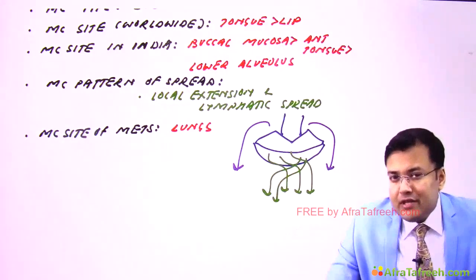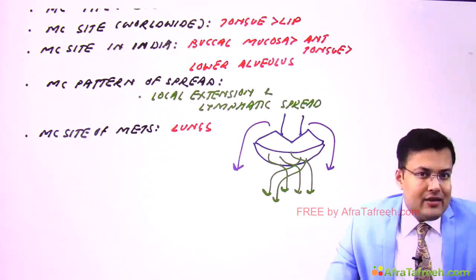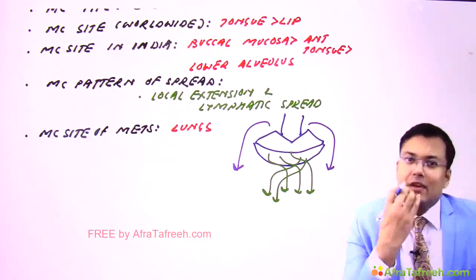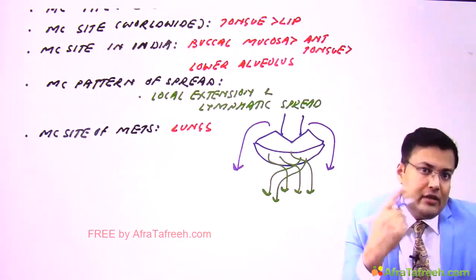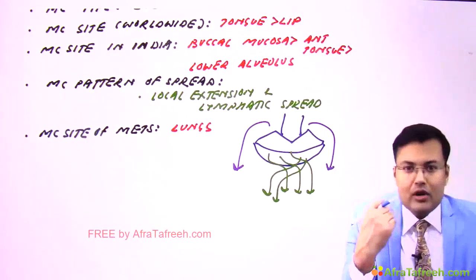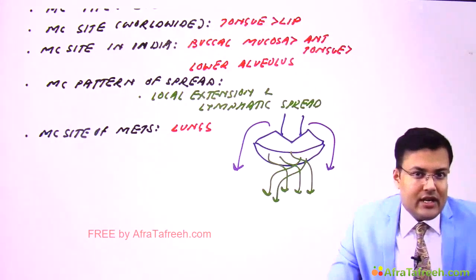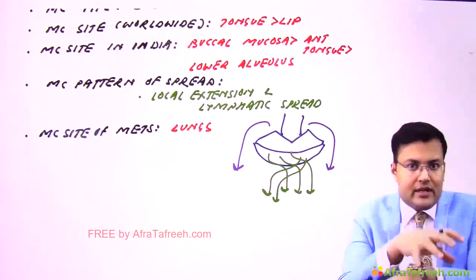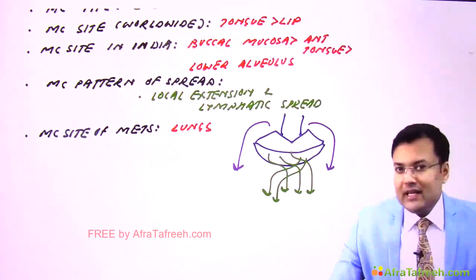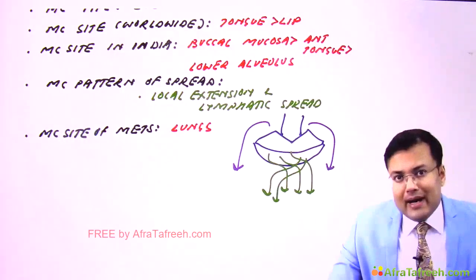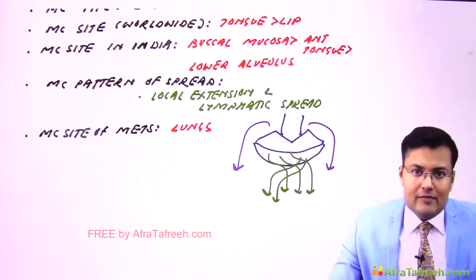An important question which is asked: bilateral lymphatic spread is seen in which malignancies? Apart from carcinoma lip, it is also seen in soft palate and supraglottis. And if you remember, when we were discussing penis and urethra, in penis also there is a crisscross connection, and because of that there is bilateral lymphatic spread leading to bilateral inguinal lymph node involvement.